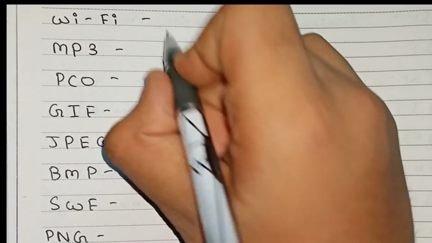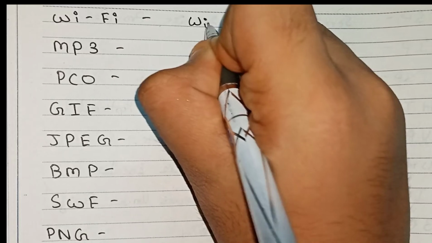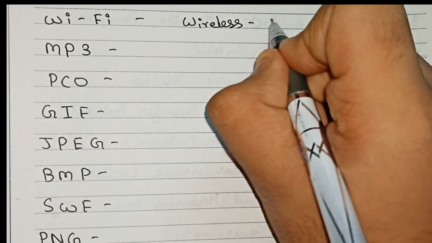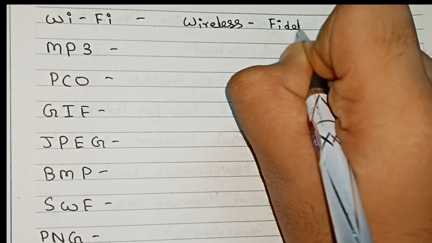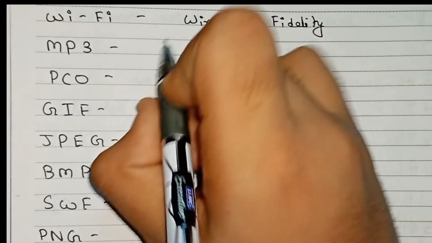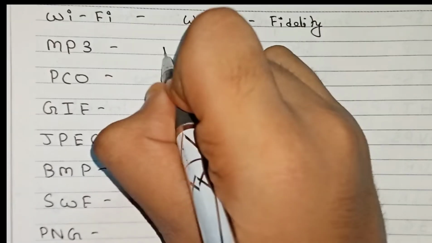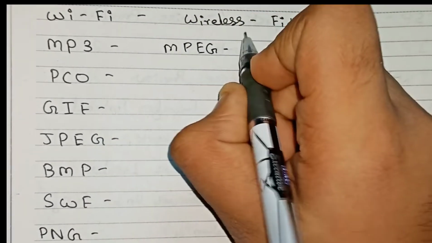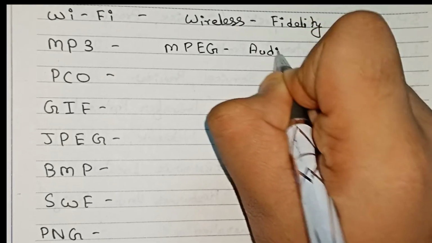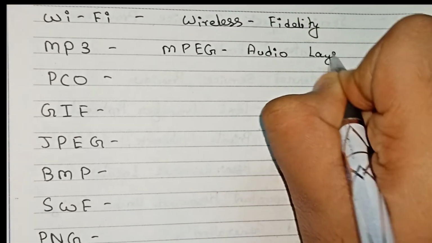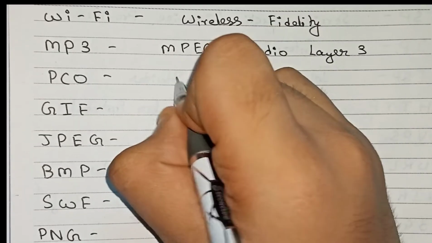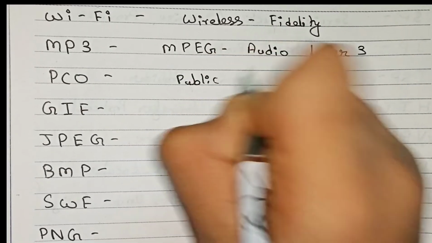Next is Wi-Fi, that is Wireless Fidelity. Next is MP3, that is MPEG Audio Layer 3. Next is PCO, that is Public Call Office.